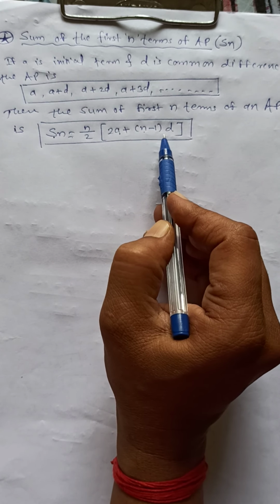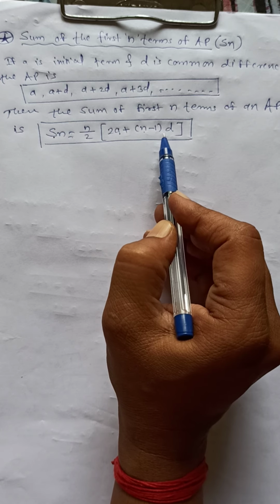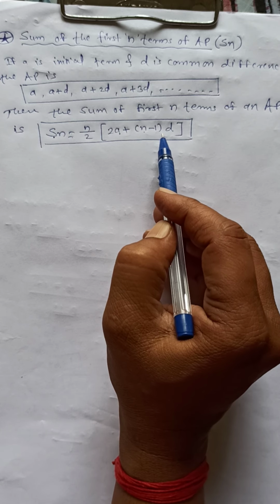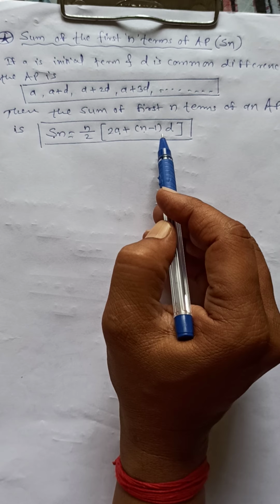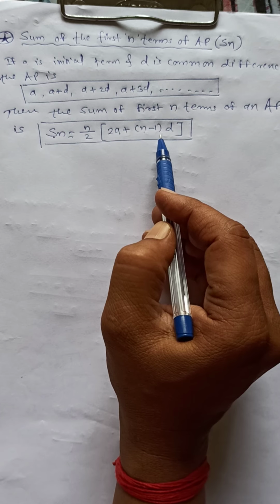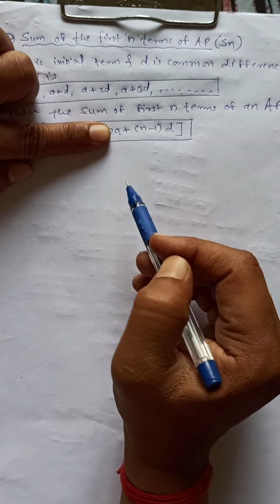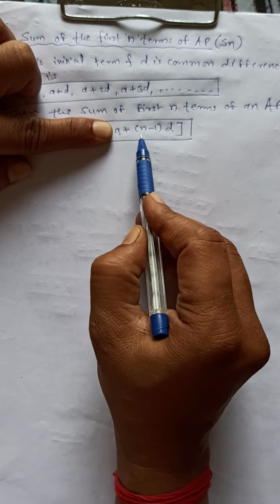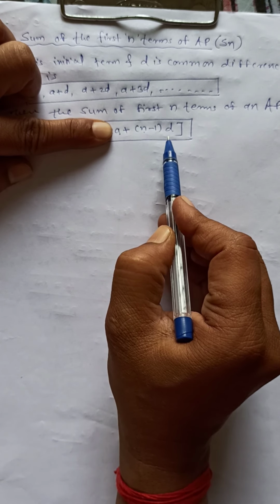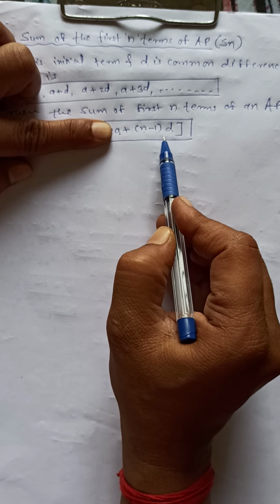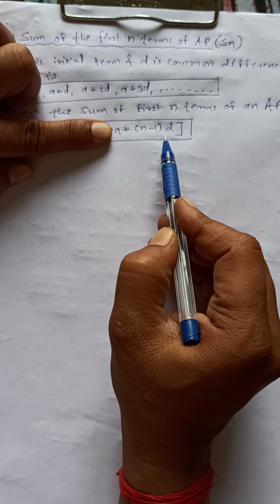How can you remember this formula? If you remember that the nth term of an AP, an is equal to A plus n minus 1 into D, then that formula was this much. See here, A plus n minus 1 into D. We just have to extend that formula a little bit for the sum of the first n terms.